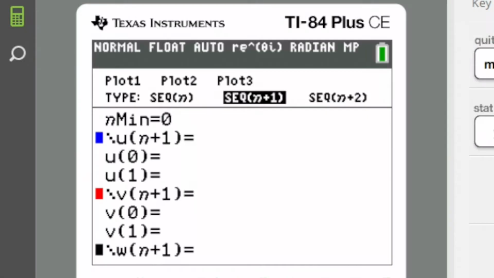Then we will go back to the input page of the SEQ mode. We suggest that for the type of the sequences, we can choose the middle option called SEQ bracket n plus 1. It is because this notation would be consistent with the version in our formula book. And then for the next question, n minimum, we suggest that we can always choose 0, which also corresponds to the starting point position.